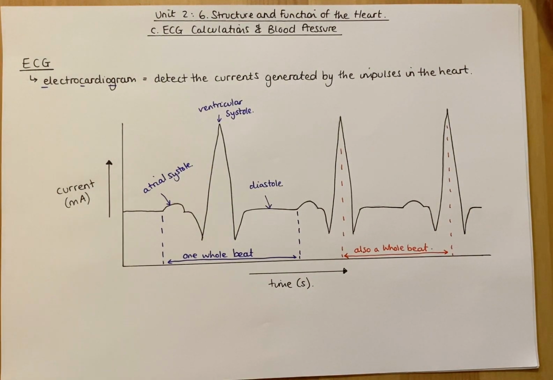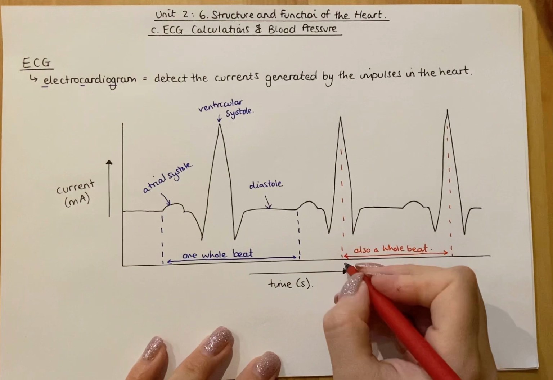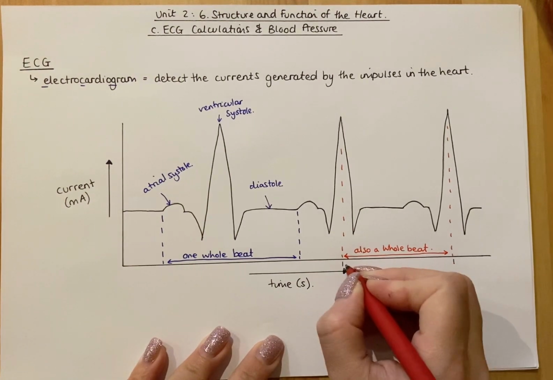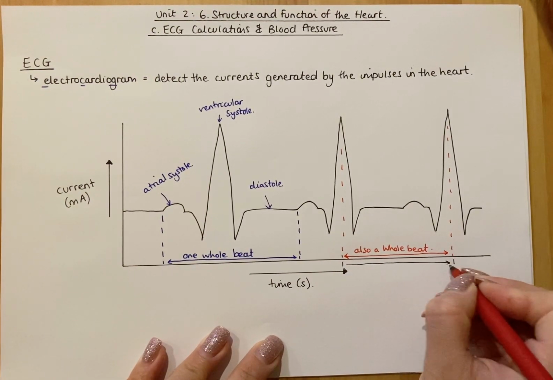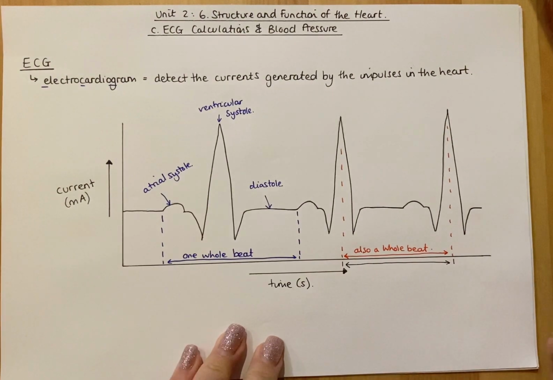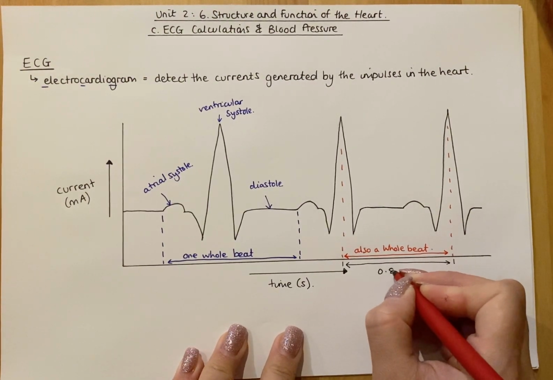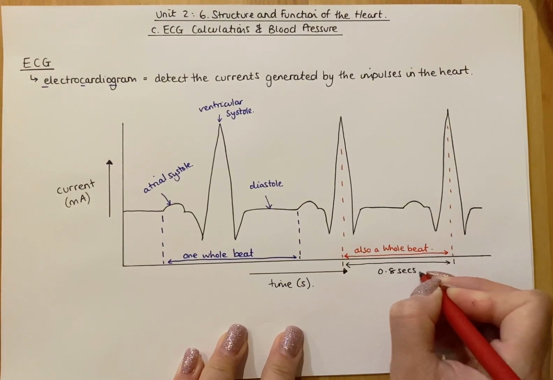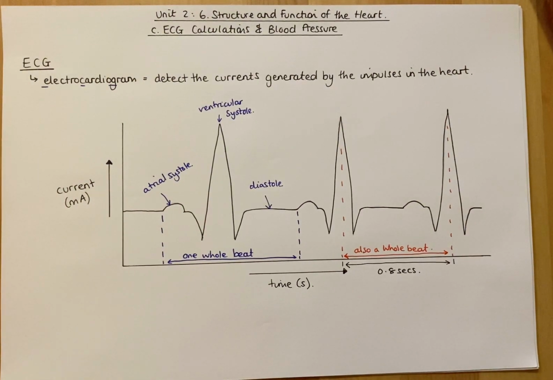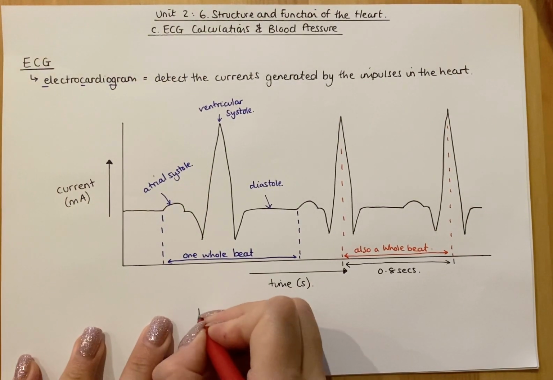In an exam question, they'll probably give you a graph that looks something like this and tell you that this period of time will last a certain amount of time, say, for example, 0.8 seconds. Then they'll ask you to calculate the heart rate from that.